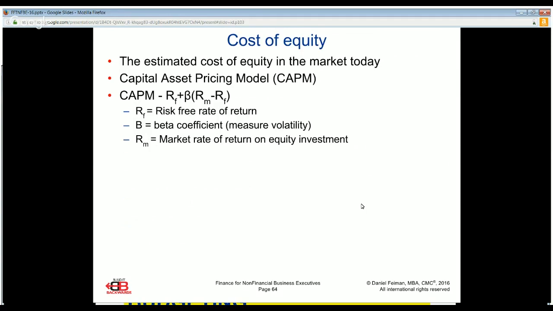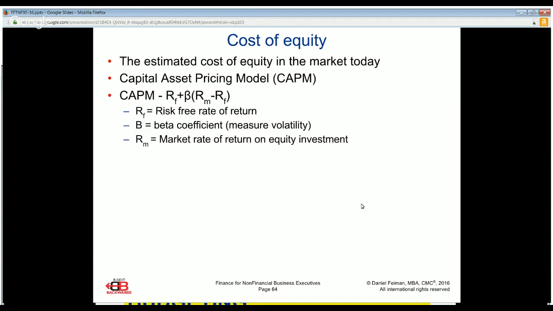So if you're looking at Apple or Dell or IBM or Saudi Aramco, you can find their beta coefficient on the net, Yahoo Money, Google Money, or you can call up any major brokerage house. If you are strong in your mathematical skills and want to actually calculate this, there is a regression formula. But let's make it simple.